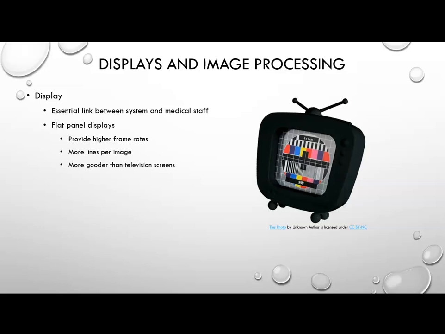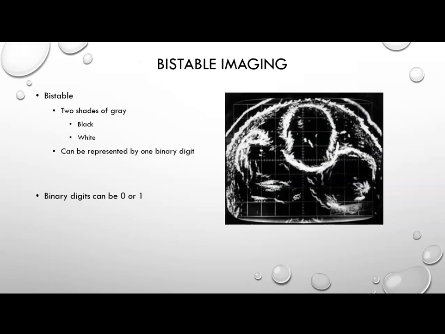Anyhow, utilizing our flat panel displays, we're able to get frame rates in the hundreds, if not a couple hundred frames per second, and more lines per image. If you've heard of a 4K monitor, 4K television these days, it's 4,000 lines instead of 500. So that's a significant difference in image quality.